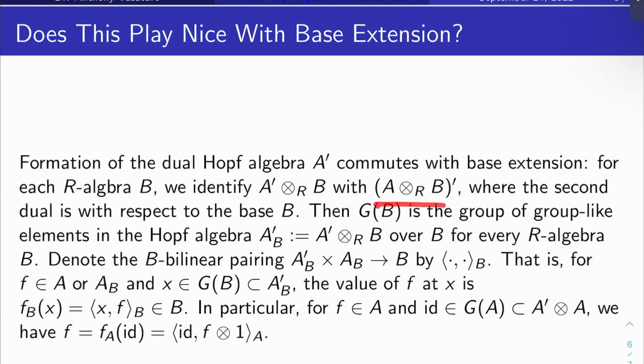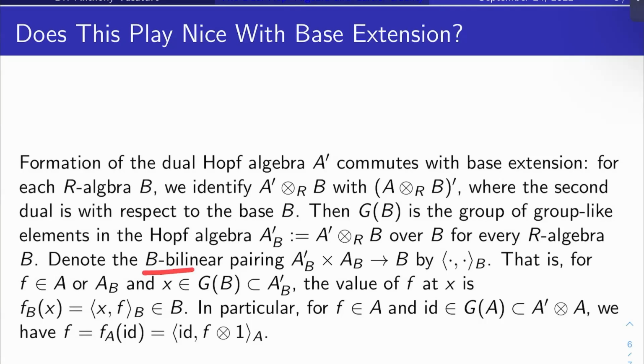And the second dual here, of course, is with respect to base B. And so G of B is the group of group-like elements in the Hopf algebra A prime sub B, which by definition is just A prime tensor B over R. And this holds for every B, where B is any R-algebra you like, okay? So everything works like you think it does. Essentially what I'm saying is the formation of the dual Hopf algebra commutes with base extension.